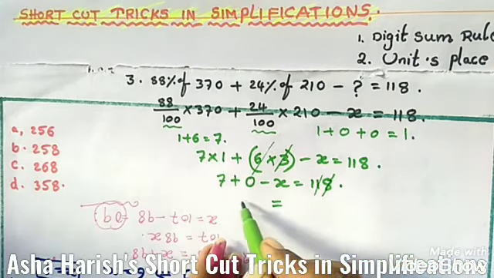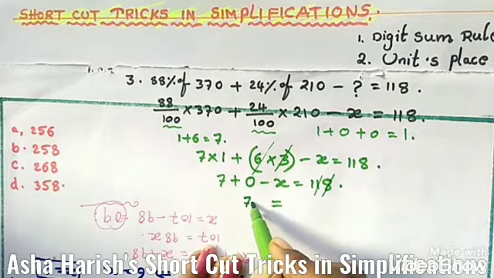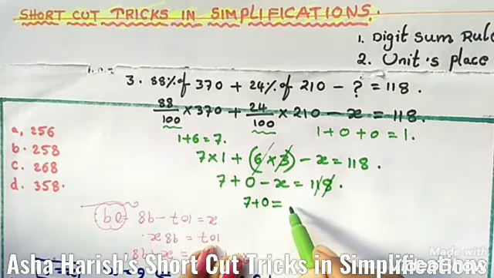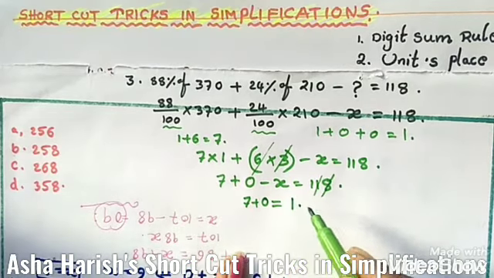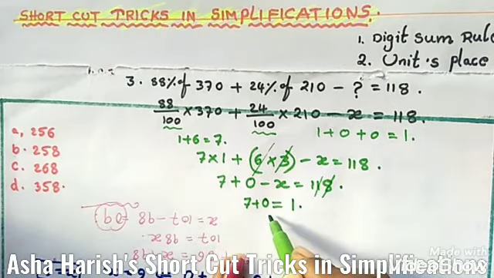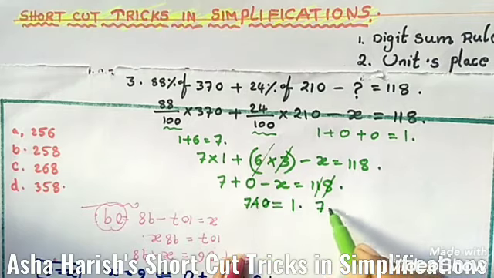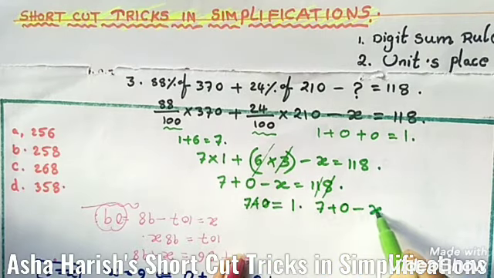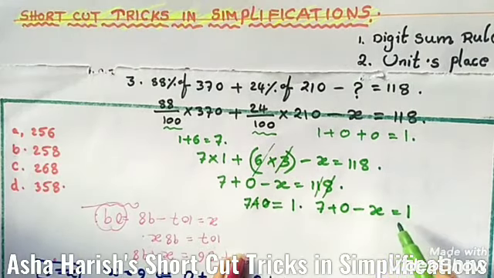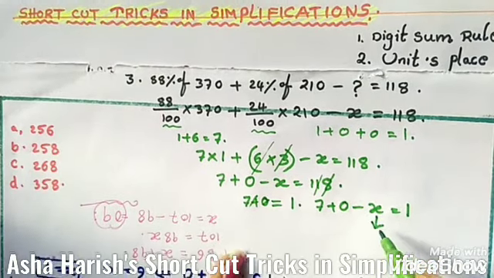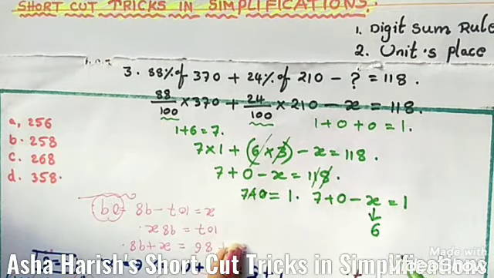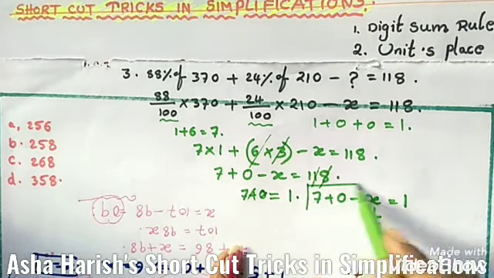So here only 1, so 7 plus 0 minus x is equal to 1. Now in the place of this x, if you take 6, this is correct.